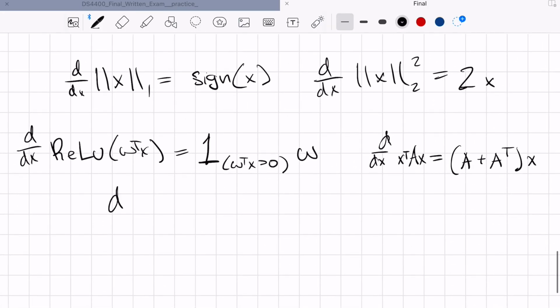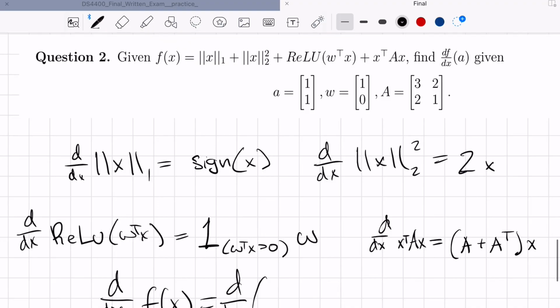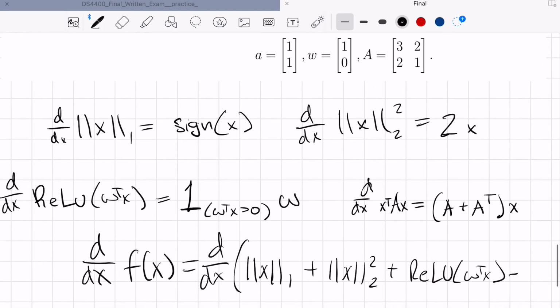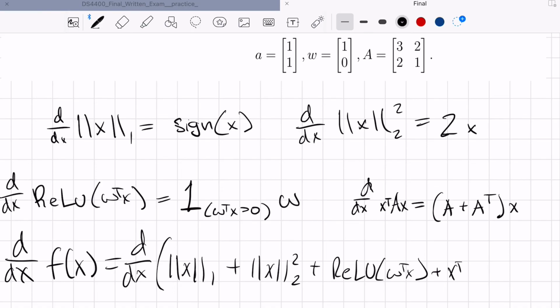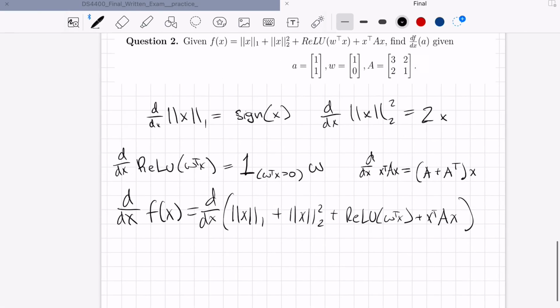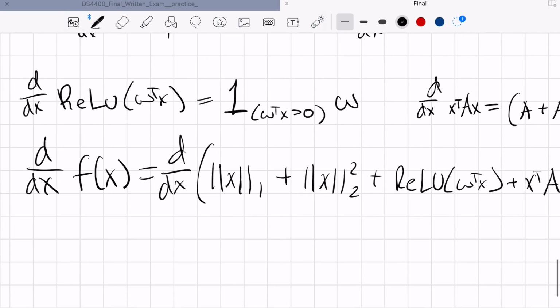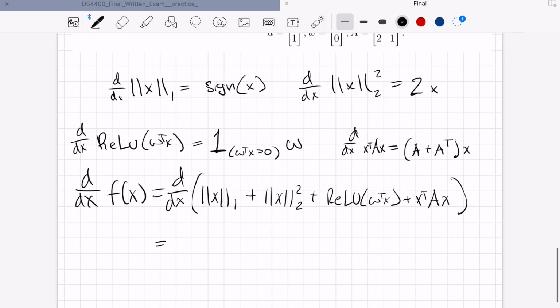We have d/dx of f(x) equal to d/dx of the L1 norm of x plus the L2 norm squared of x plus the ReLU of wᵀx plus the quadratic, xᵀAx. I ran out of space again.